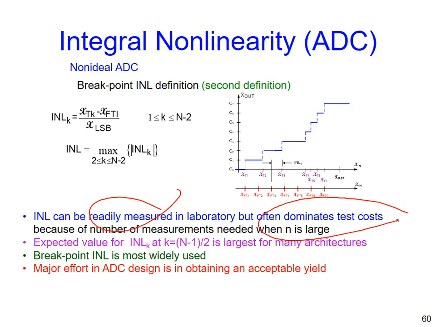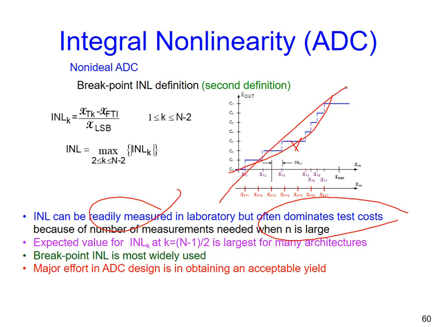And usually, not always, what is the maximum INL? Usually in the middle of your curve, just like this. You can see the curvature looks like that, right? So what is the maximum INL you can expect, usually in the middle? That's it. That is the idea.